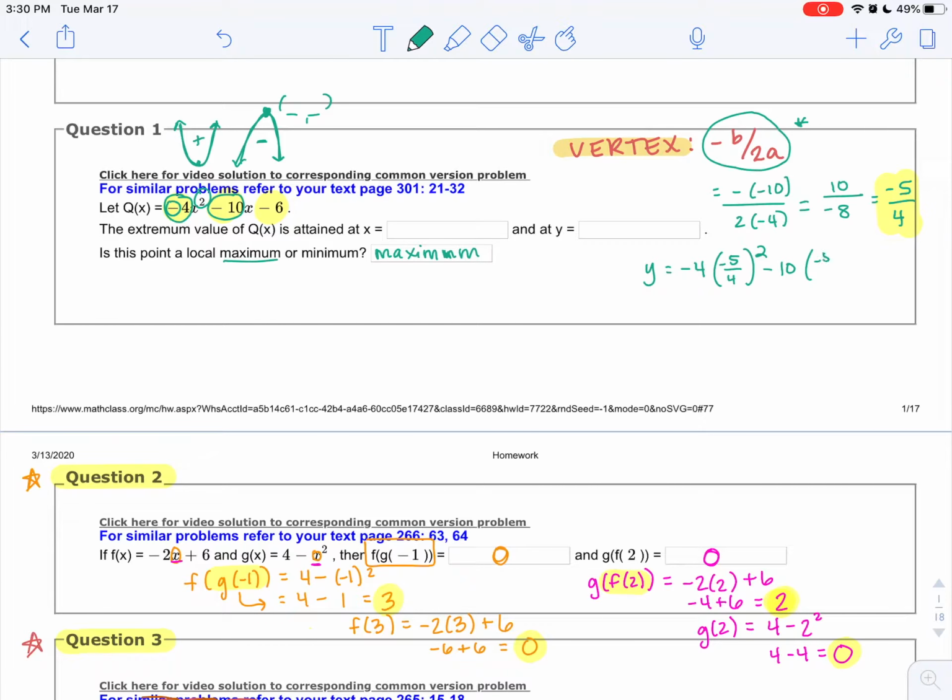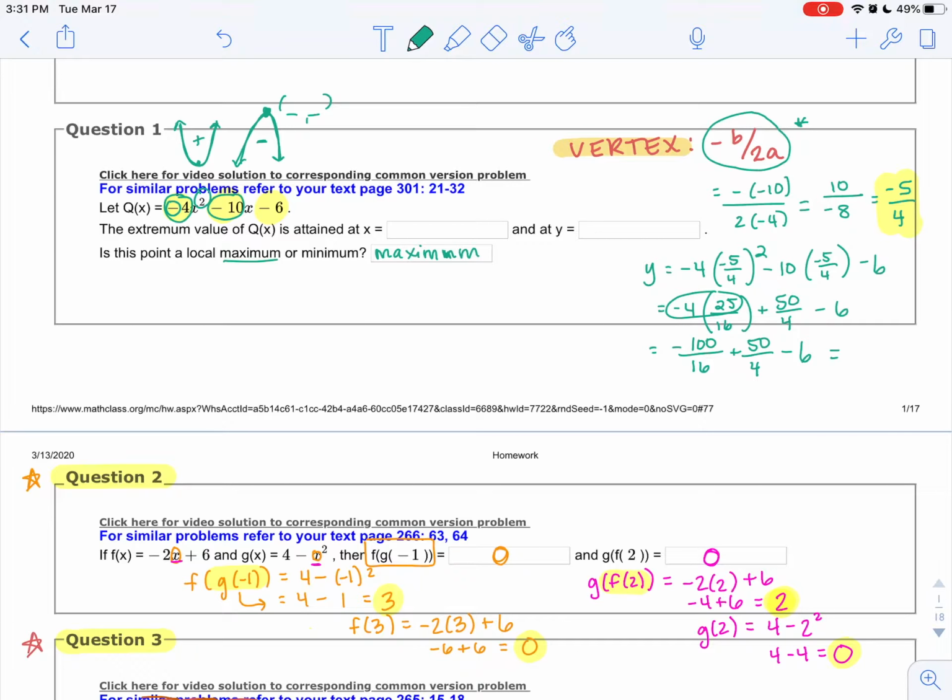Negative 5 squared is 25. 4 squared is 16. Negative 10 times negative 5 will give me a positive 50 over 4, and then minus 6. When I multiply negative 4 times 25, I get negative 100 over 16 plus 50 over 4 minus 6. So I just want to simplify that.